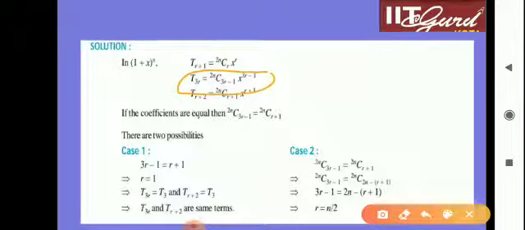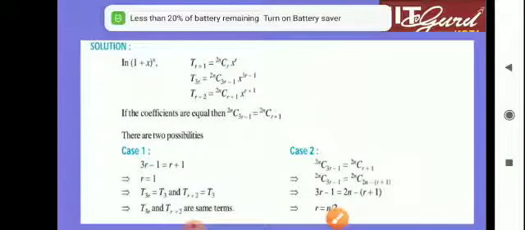Okay, so have a look. T(r+1) can be written as 2nCr x^r. T(3r) can be written as 2nC(3r-1) x^(3r-1), right? Similarly, T(r+2) is 2nC(r+1) x^(r+1), and so on.